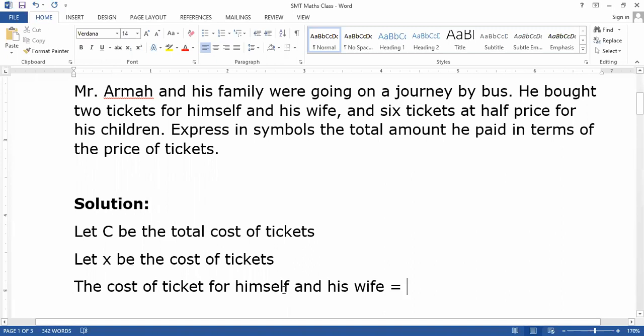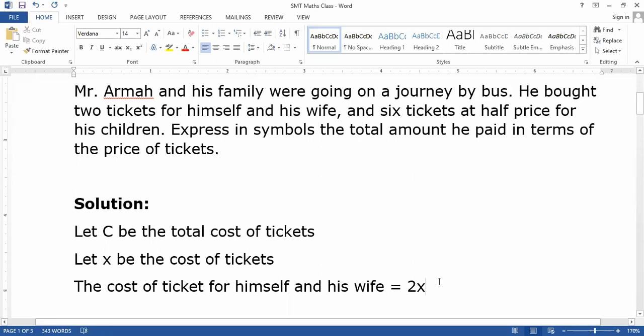He bought 2, so it's going to be 2X. Do you agree? Yes, because they said he bought 2 tickets. So 2X.